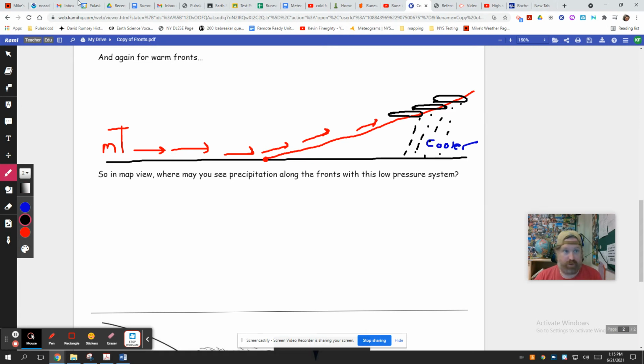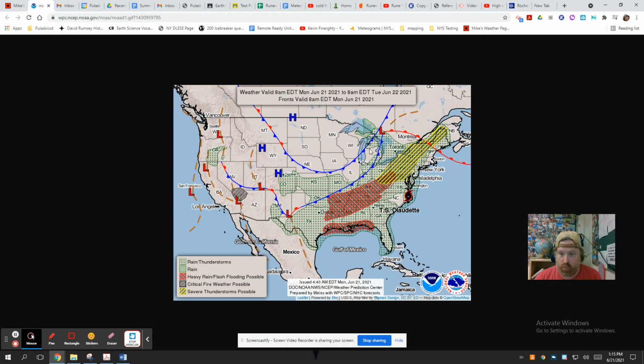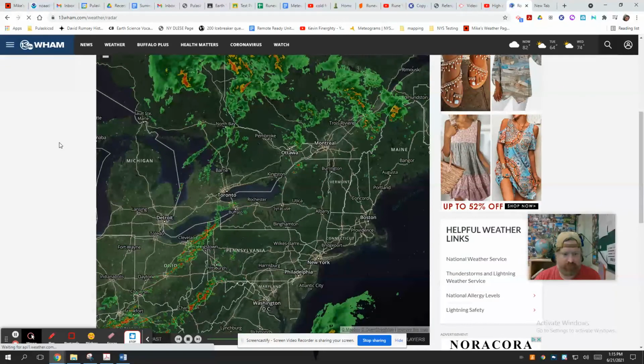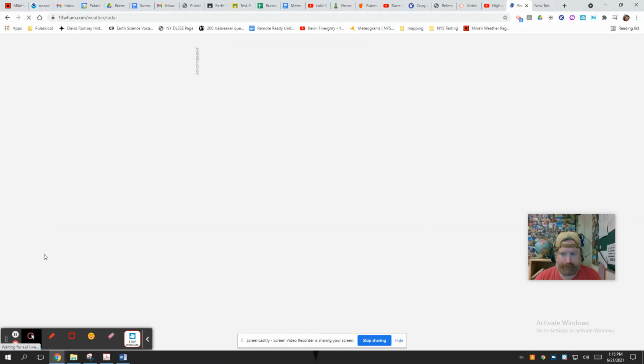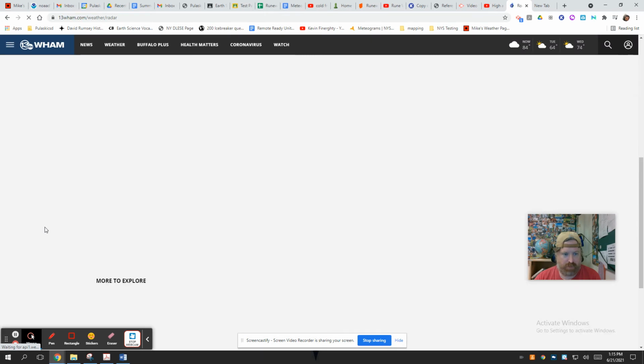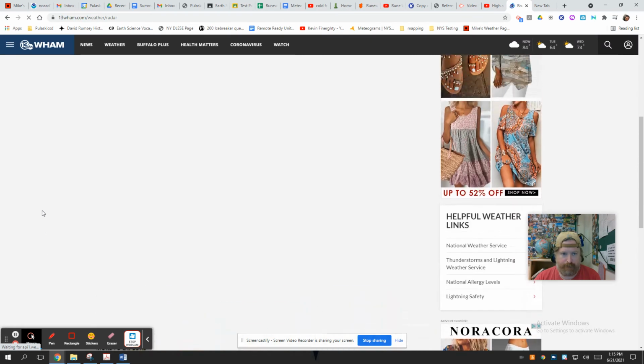So if we're in map view, what should we have with what you see with storms? Let's see if I can pause this one. We'll refresh. Just stop the animation here.